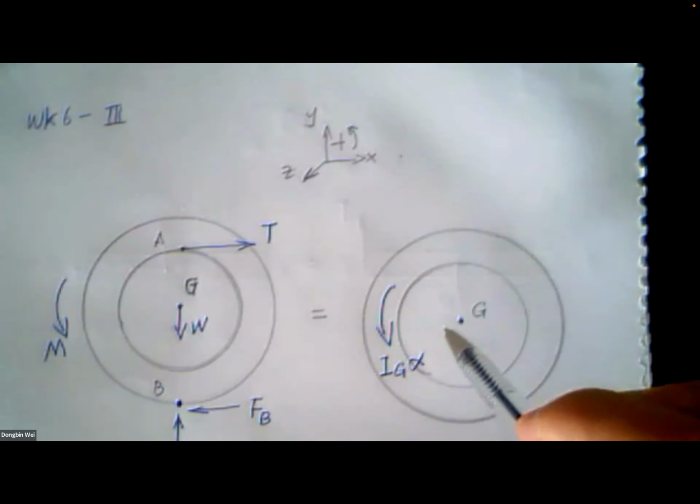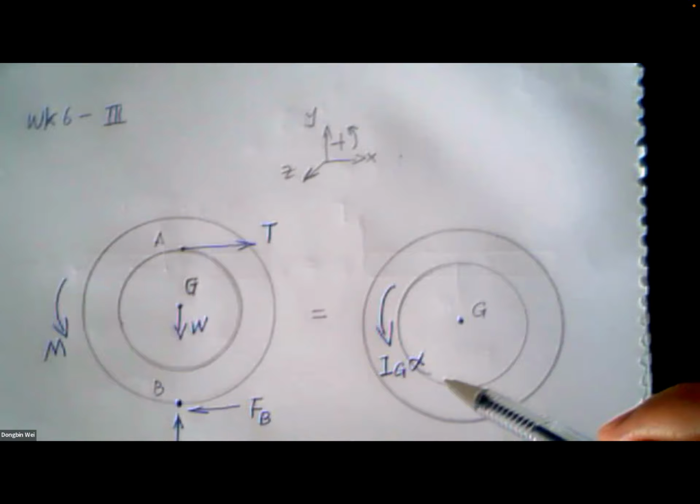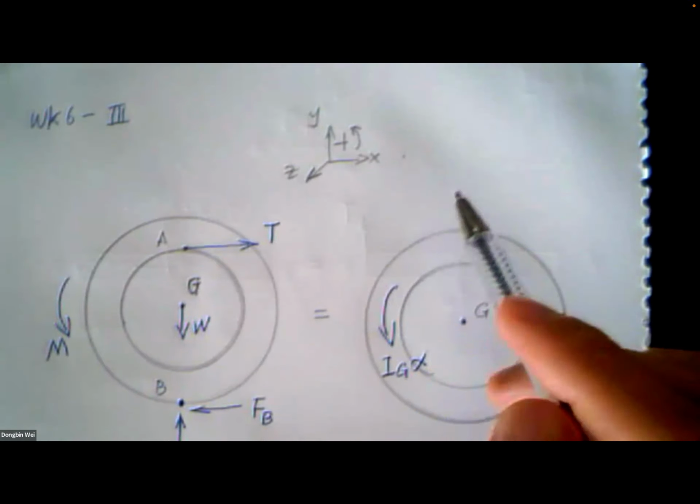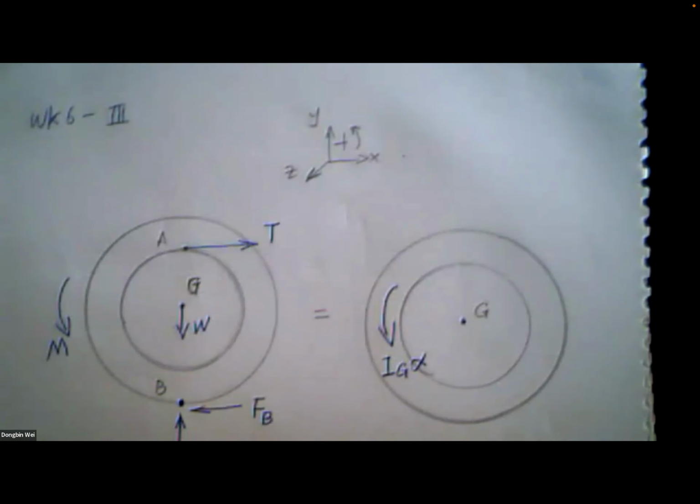Because in this problem, we can easily define the IC point. So what should be the IC point? This is a spool. Okay, let me go back to this slide.